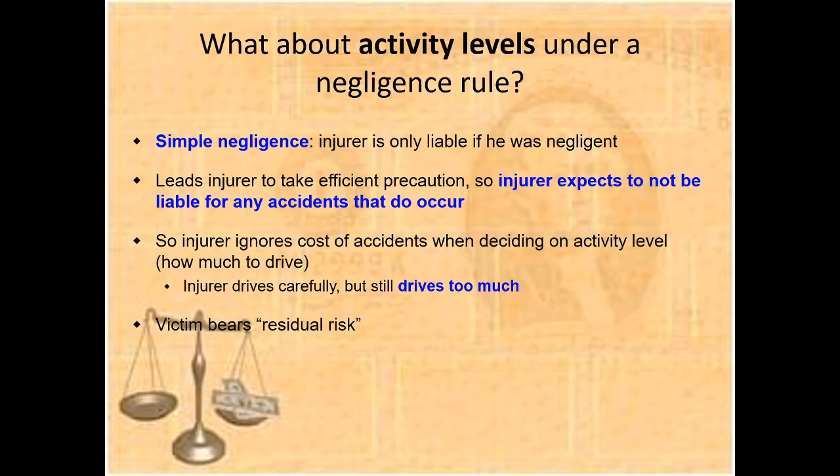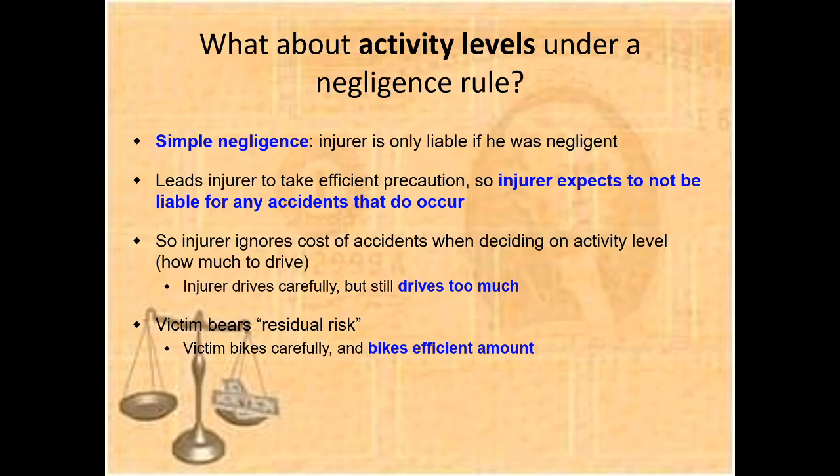If the injurer has taken sufficient care, then the residual cost is going to befall the person who is the victim. The victim bikes carefully and bikes an efficient amount.